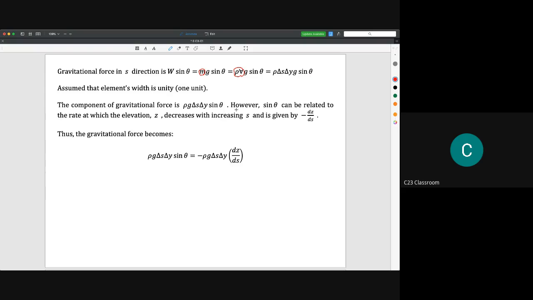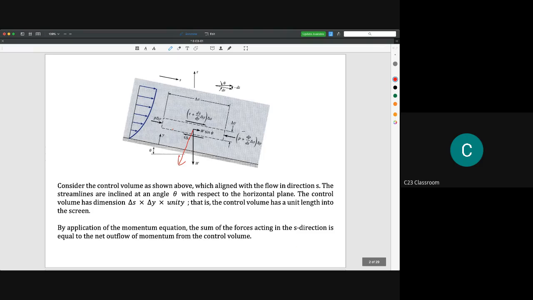Then we change the sine theta term. We have the notes here. Because this is the datum, if you have an angle here, it becomes minus z.